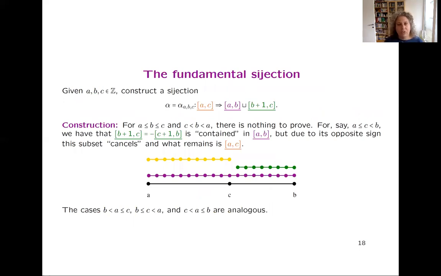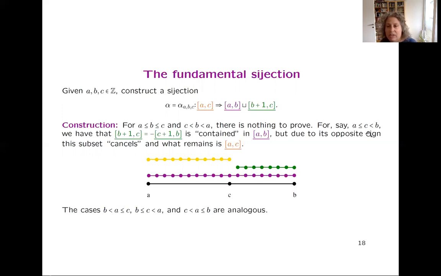I also want to give you a fundamental zijection, which is actually the building block for most of our zijections. Again, it's about signed intervals. We claim that there is a zijection from [A, C] to the disjoint union of [A, B] and [B+1, C]. If A is less than or equal to B and B is less than or equal to C, there is nothing to prove, because the signed intervals on the right are actually disjoint.